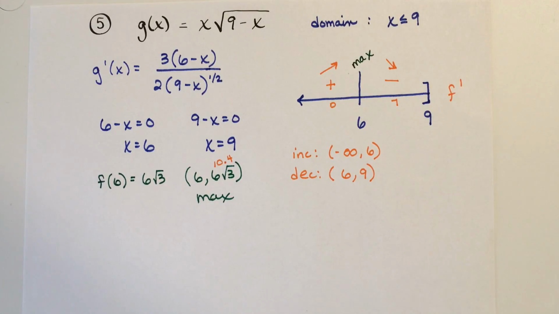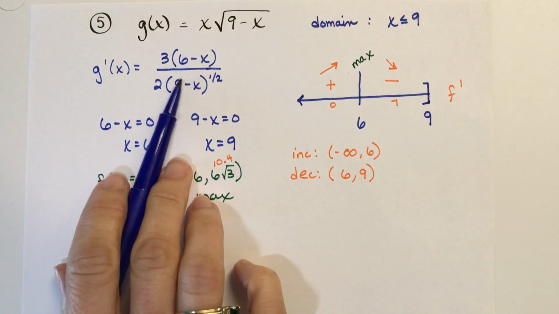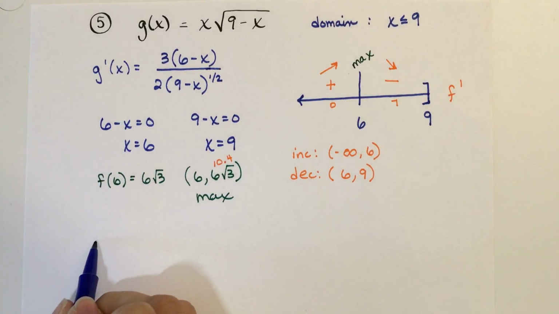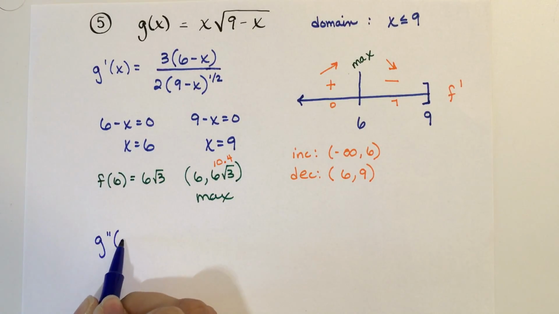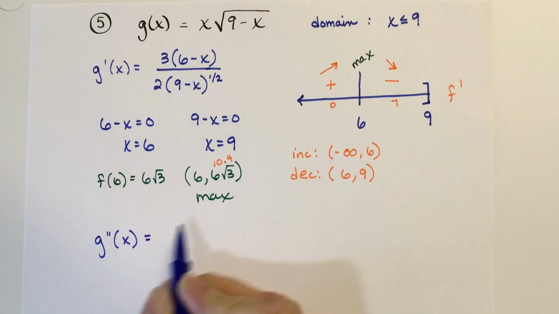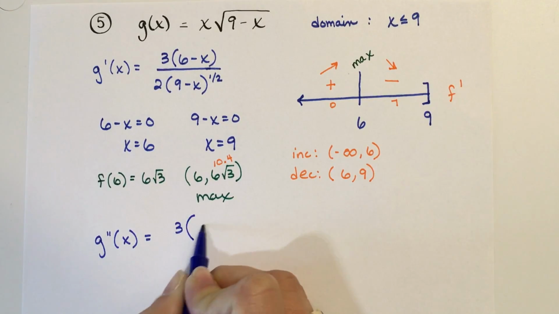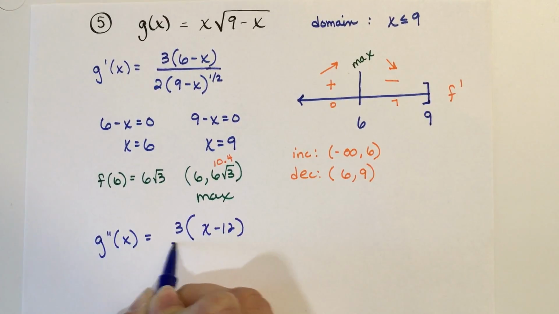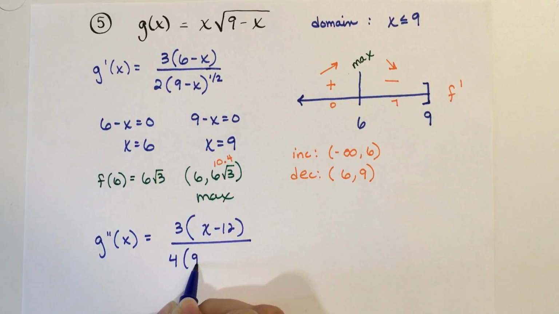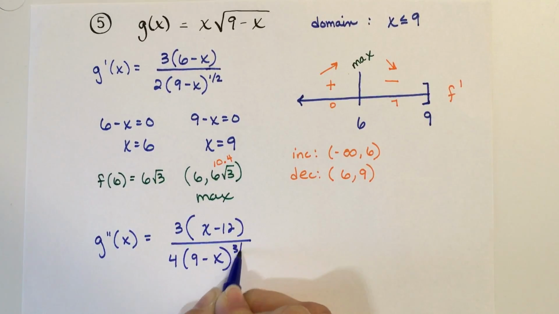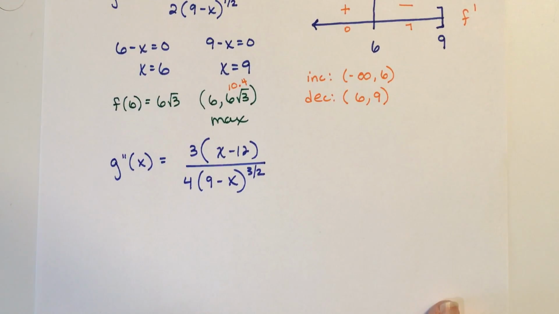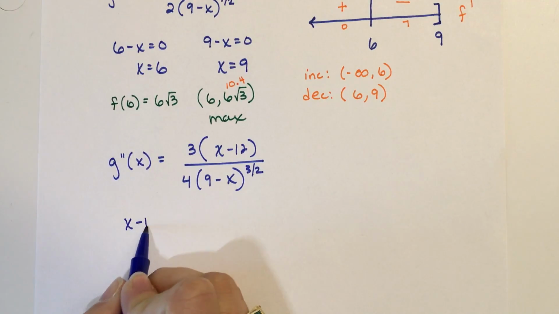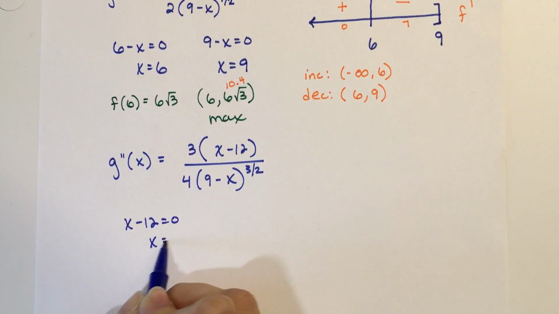Okay, second derivative. Again, you're going to have to use quotient rule on this one for the second derivative. And this will be what you will end up with. Okay. All right, so finding these values that will cause the numerator to equal 0.